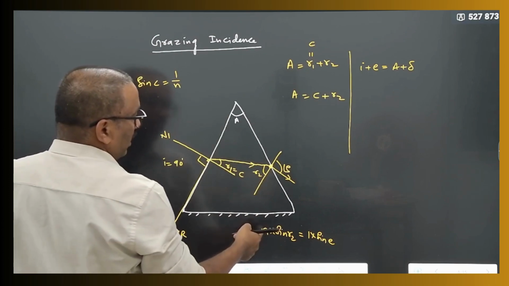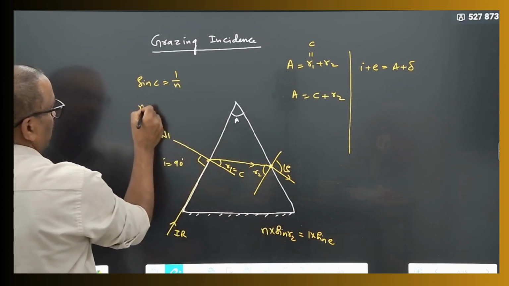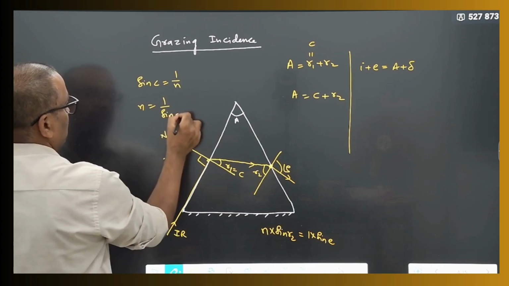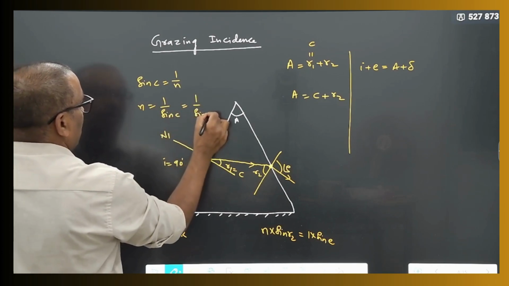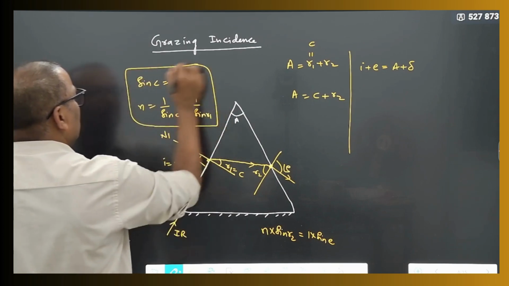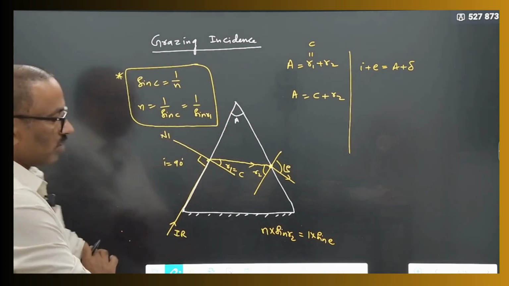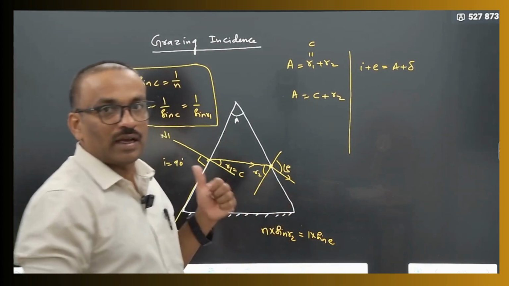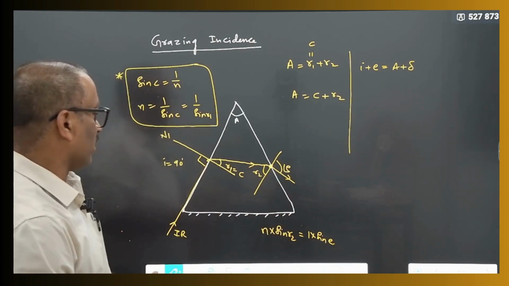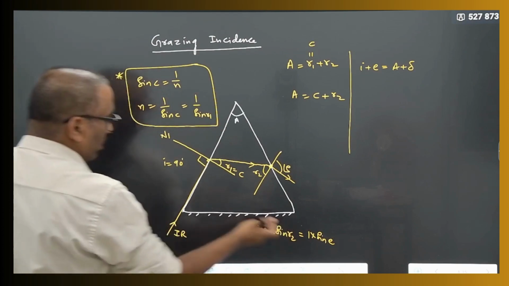Clear? So n is equal to 1 by sin C, that is nothing but 1 by sin R1. Clear? These are all small pieces of information. This will get clarity if you see my refraction video on this. So substitute here now, what will you get?